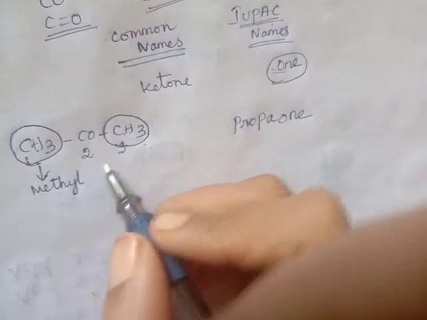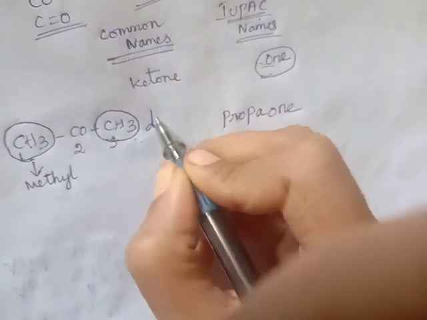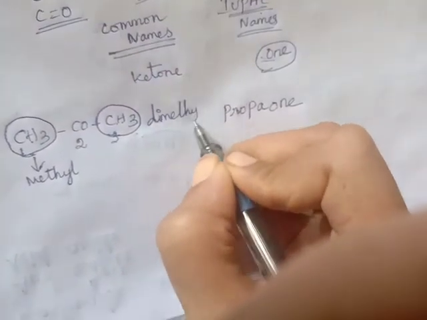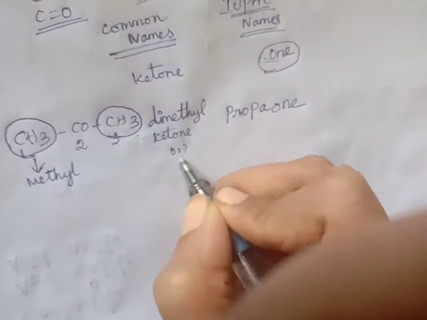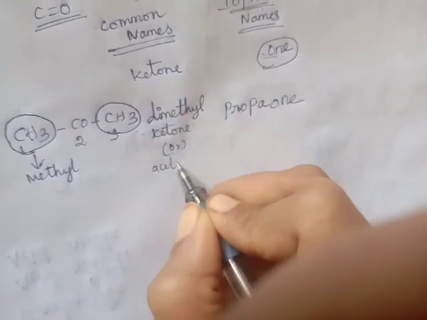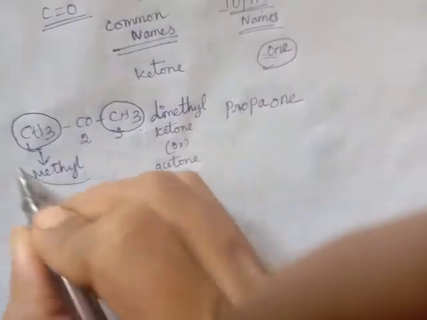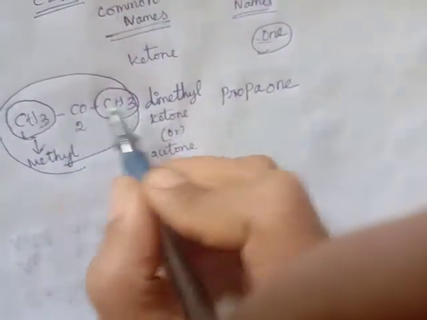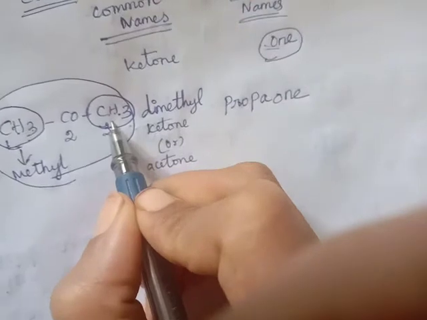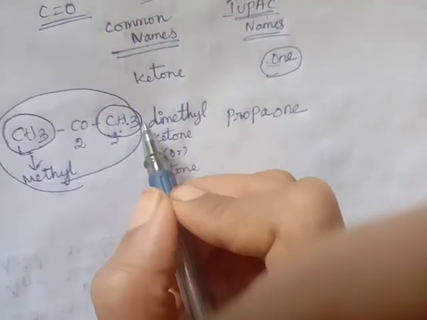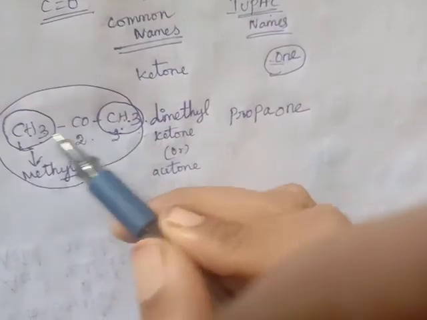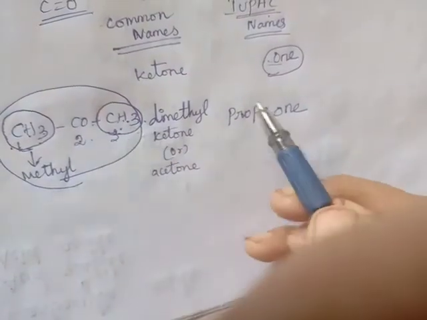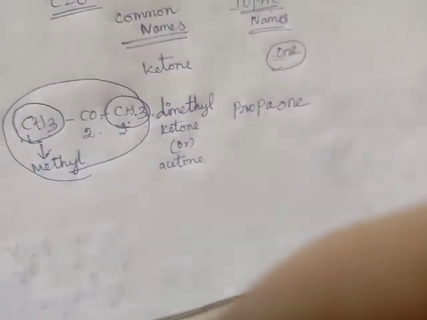So the common name of this ketone is dimethyl ketone or acetone. This formula has 2 names: dimethyl ketone, because 2 methyl groups are present here, and the IUPAC name is propanone because 3 carbon atoms are present in total. So this is known as propanone.